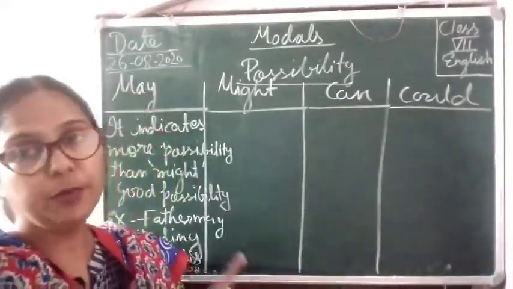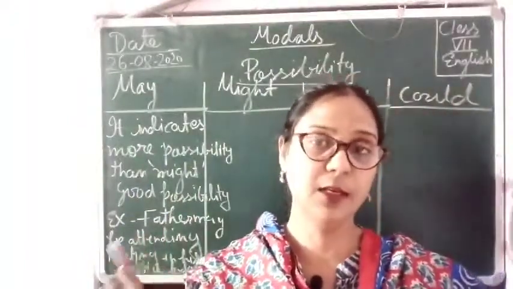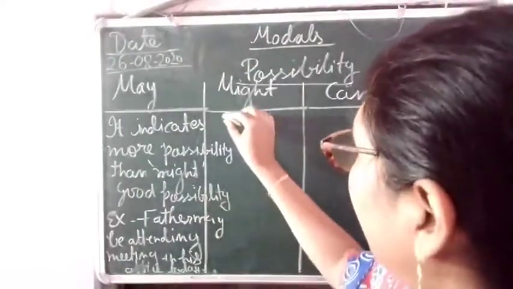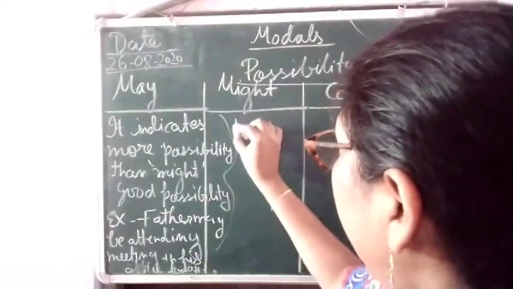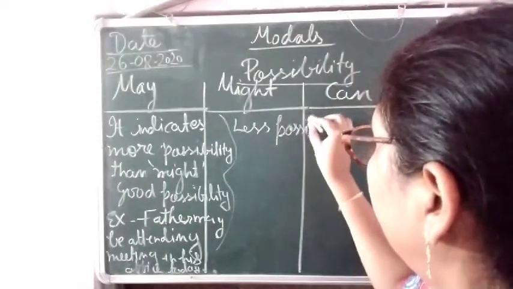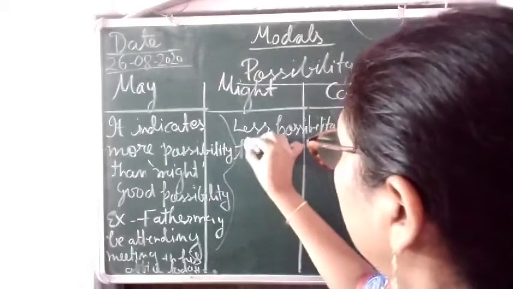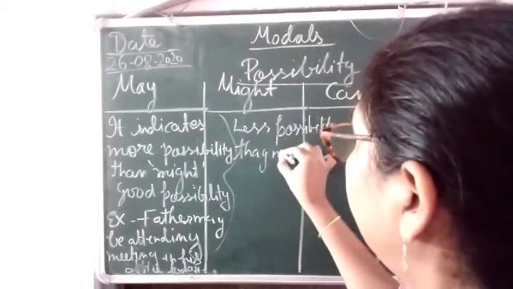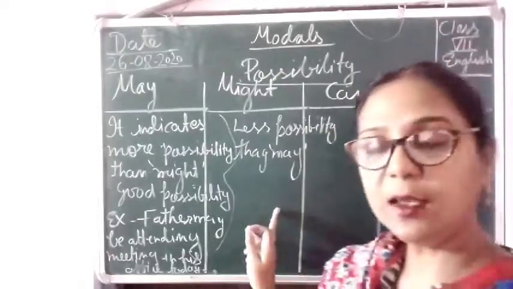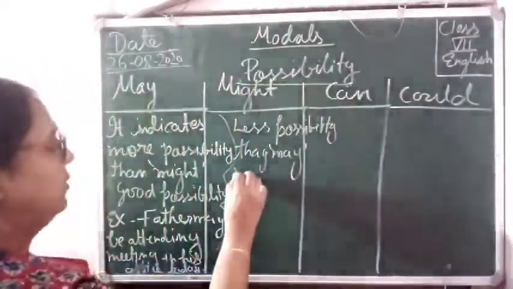Now we are moving to might. Might can show less possibility than may. So you can say this is weak possibility, and we can write weak possibility.